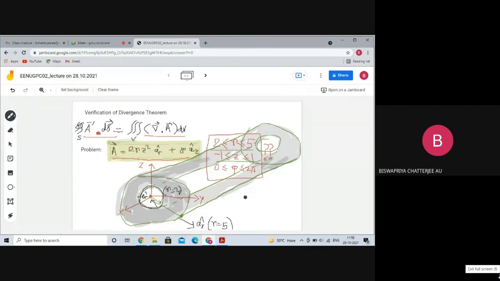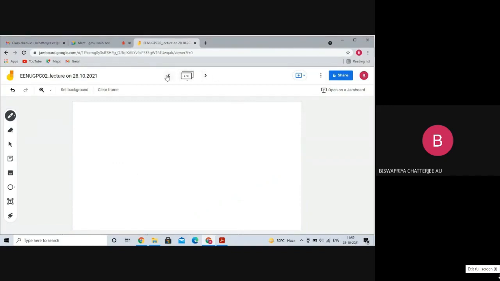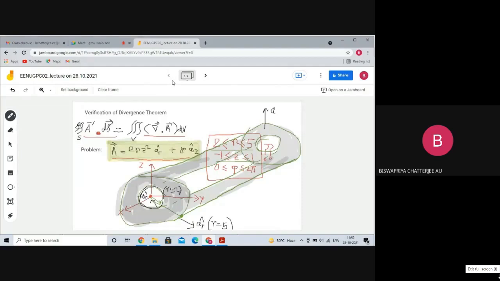You understood? Apart from these two, there are two more surfaces. One surface is this roof, which is acting along positive a_z, at z equal to 1.